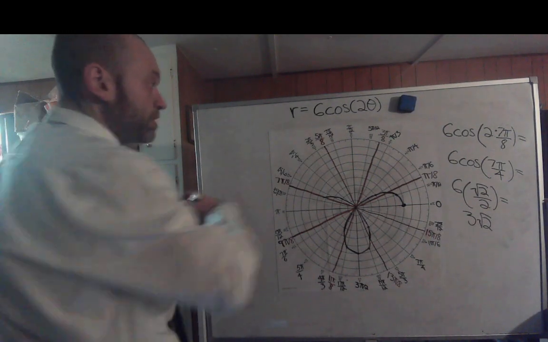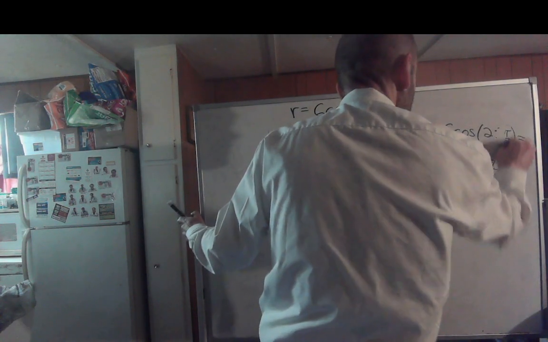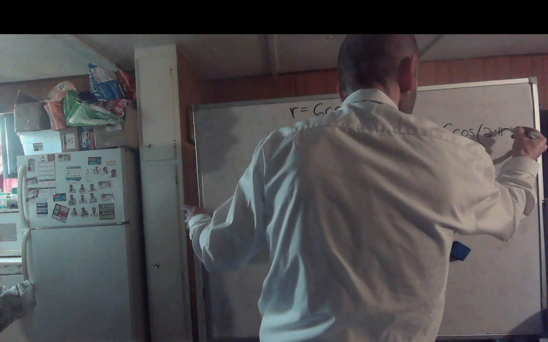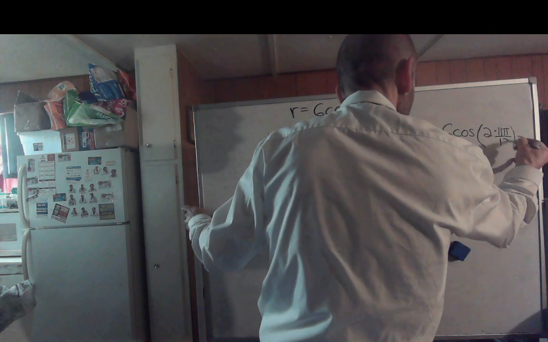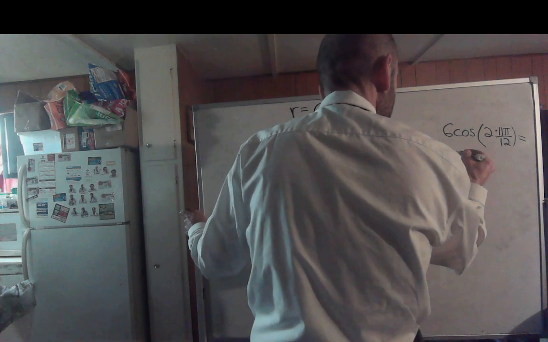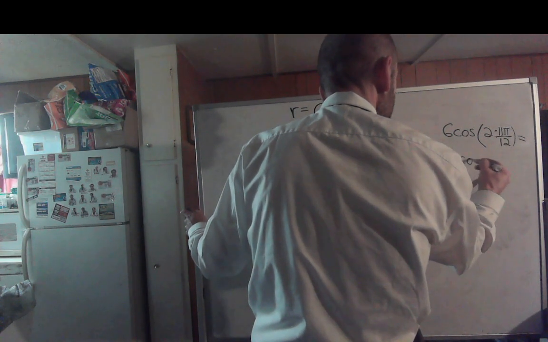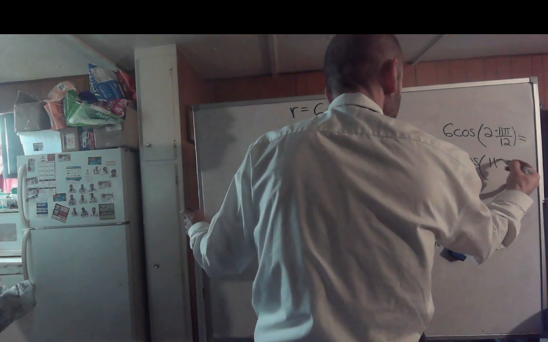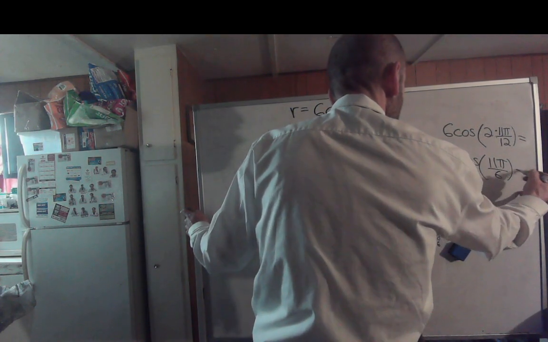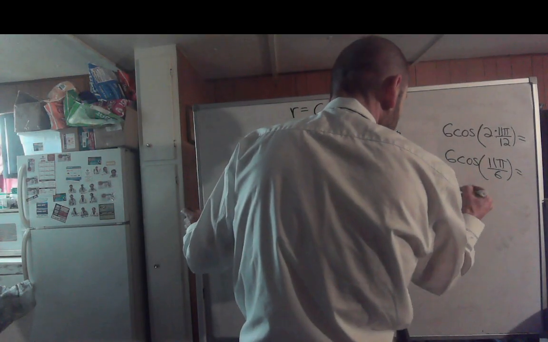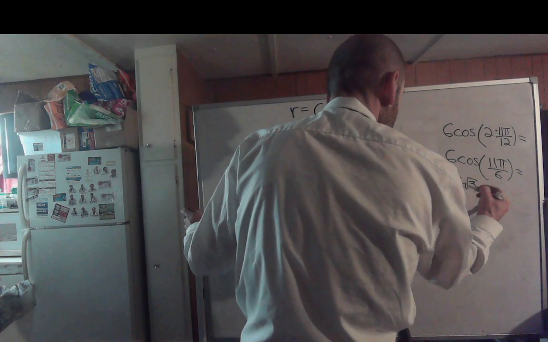Okay, then 11 pi over 12. If I take 2 times that, that would end up giving me 6 times the cosine of 11 pi over 6, which is actually 6 times the square root of 3 over 2.